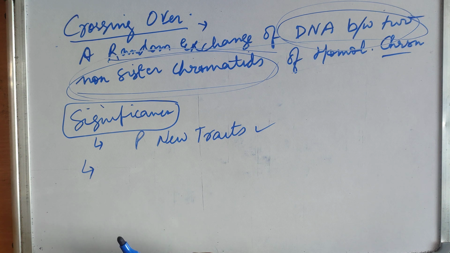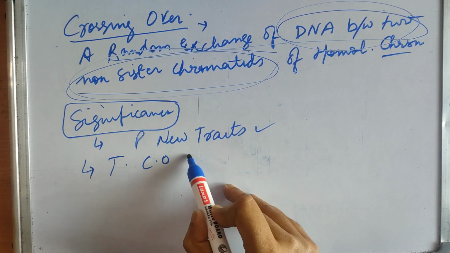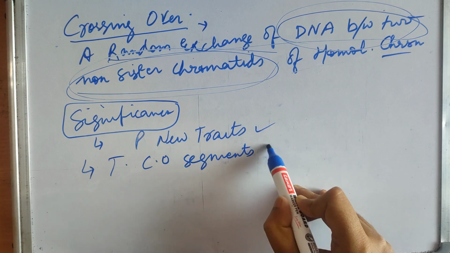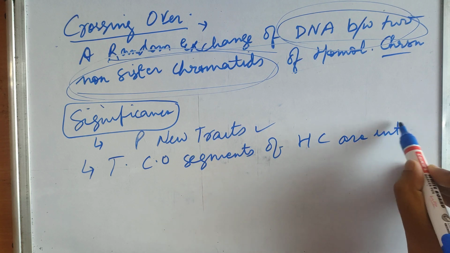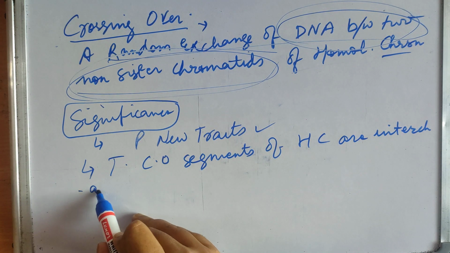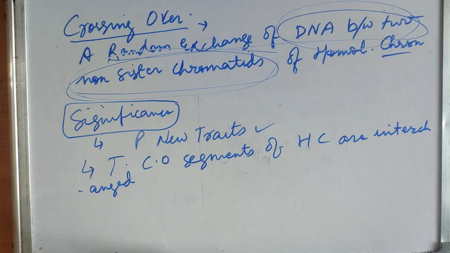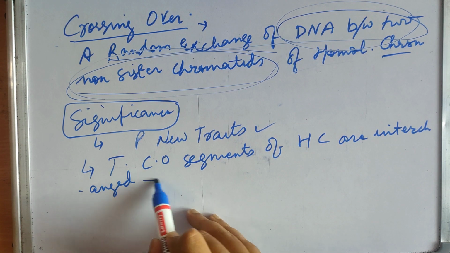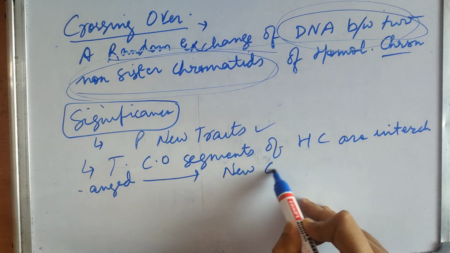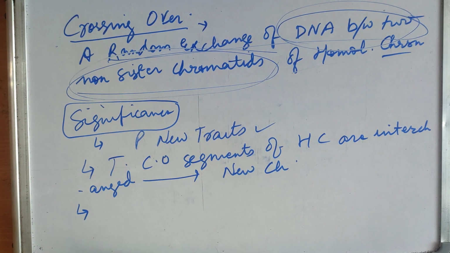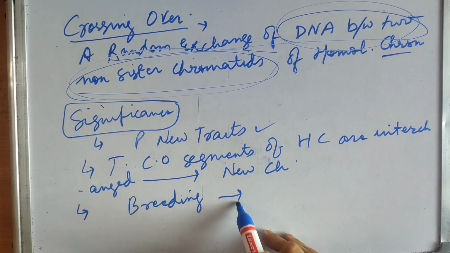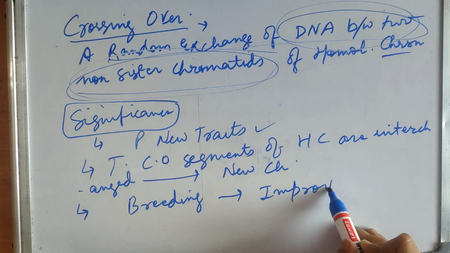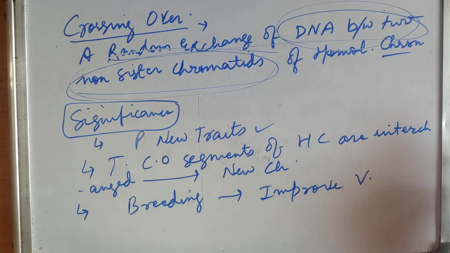Through crossing over, segments of homologous chromosomes are interchanged and hence provide origin of new characters. Crossing over plays a very important role in breeding, to improve varieties of plants and animals. So this was all about crossing over. Hope you all understand this.